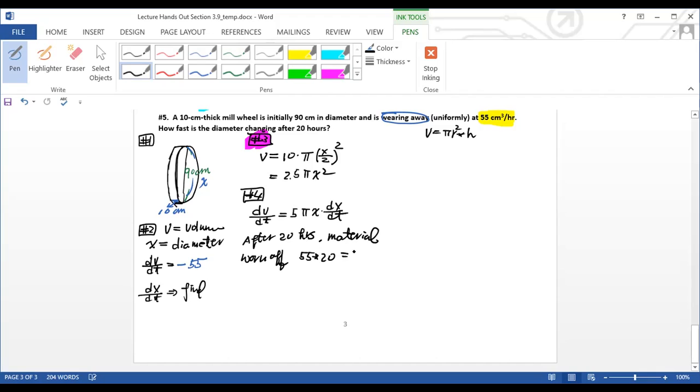So after the 20 hours, the material worn off is 1100 cubic centimeters.